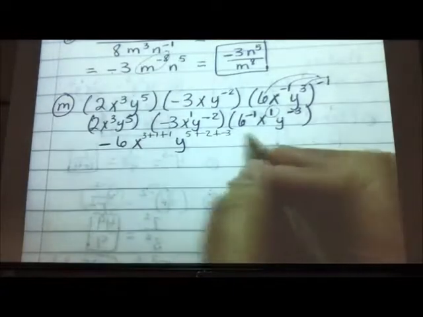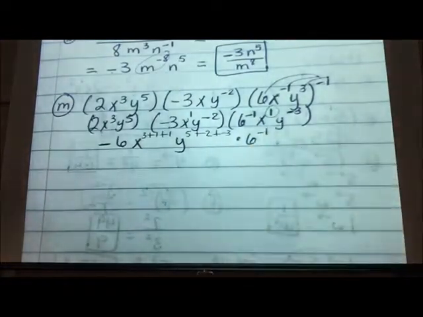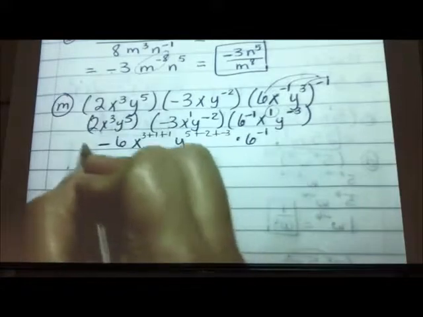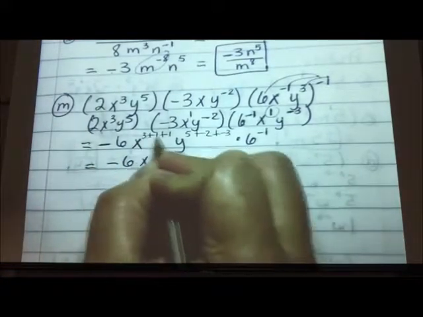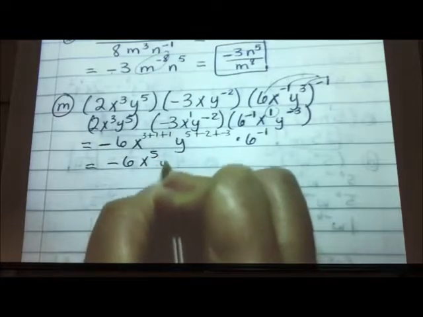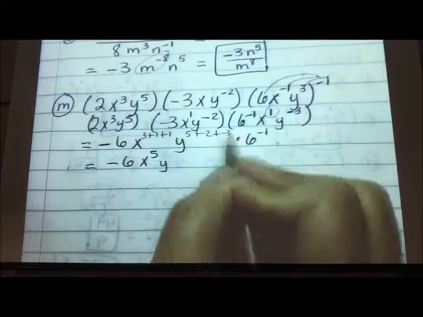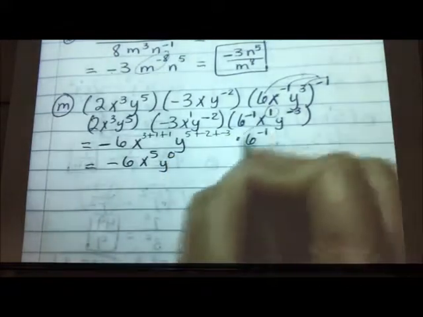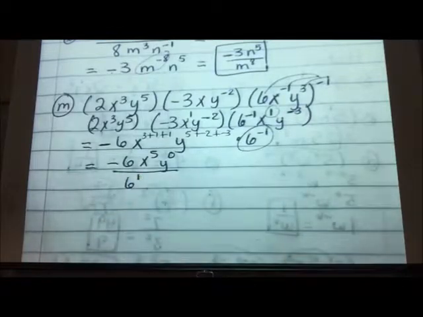And don't forget that we still have that 6 to the negative 1 that we haven't used, but eventually it's going to go to the bottom. So this becomes negative 6x to the 3, 4, 5, y to the 5 minus 2, 3 minus 3 is 0. This guy, because it has a negative exponent, I'm going to rewrite it in the bottom as 6 to the 1 power.